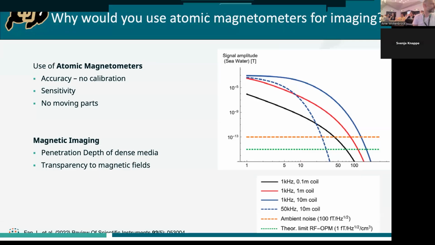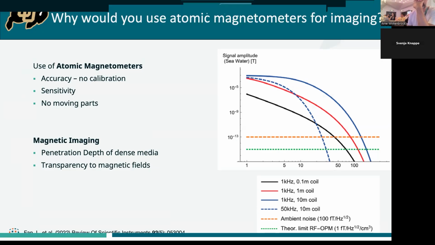Okay. So, the talk today is really about magnetometers. And so one question is, why would you want to use an atomic magnetometer or optically pumped magnetometer? We use them as synonyms for imaging applications. First, as I said, similar to some of these other quantum sensors: accuracy, no calibration.